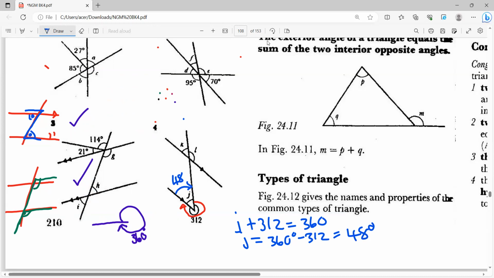All right. Now, how can we find the values of K and L? Now I'm only restricting you to those rules. And the first rule that we must implement is the F angles, right? If you look at it closely, this angle and that angle are equal.